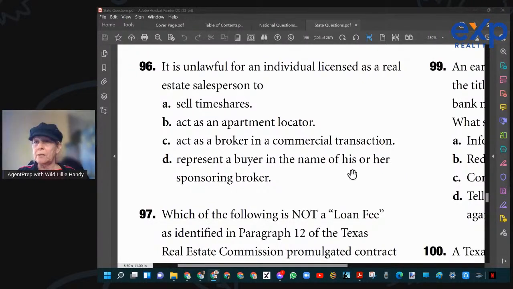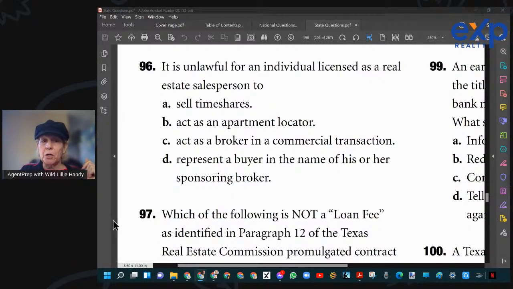Sammy, I would reconsider that. That is not correct. So selling timeshares is allowed as a licensed real estate person. Okay. So we're salespersons.